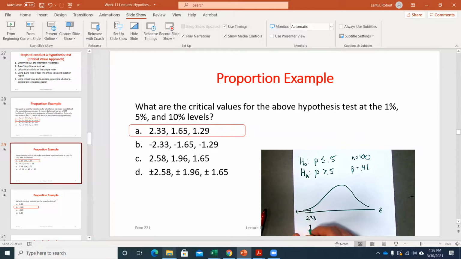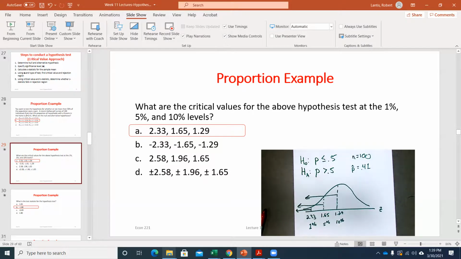And remember, this corresponded to the 1% significance level. 1.65, this corresponded to the 5% level. Like I said, this is not drawn to scale. I know I'm getting close to the mean here. And then here's my rejection region for the 10% level, which would be 1.28. So here's my three critical values, and I've got my rejection regions drawn.